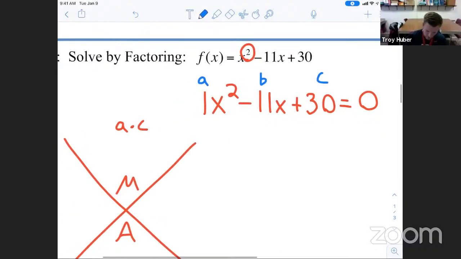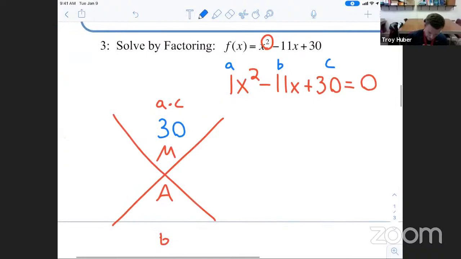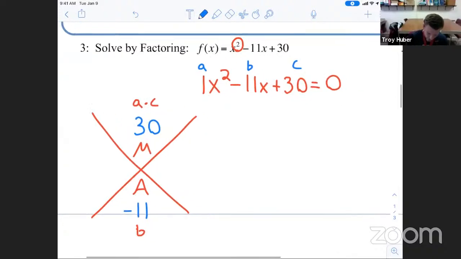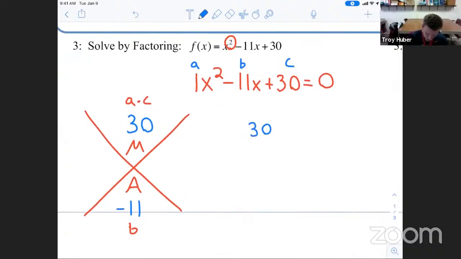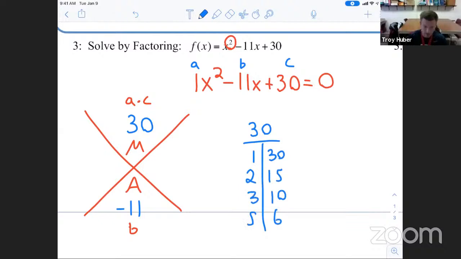So a times c is 1 times 30. So we're multiplying to 30, and we're adding to that negative 11. So I like to make a little t-chart of my factors of 30. So you could do 1 times 30, 2 times 15, 3 times 10, 5 times 6.